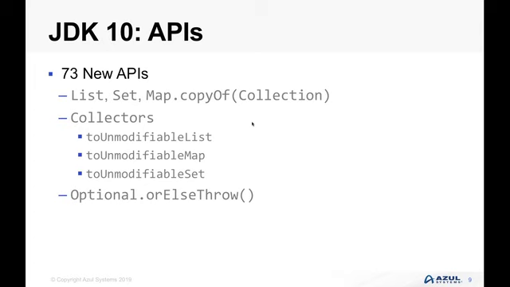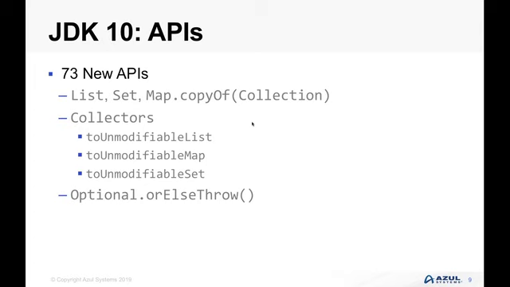In the case of the list, set, and map interfaces, each of those now have a new static method, copyOf, which takes a collection. And what it will return is an unmodifiable copy of that collection, so either a list, set, or map, depending on which version you're calling. In that case, you won't be able to modify the members.